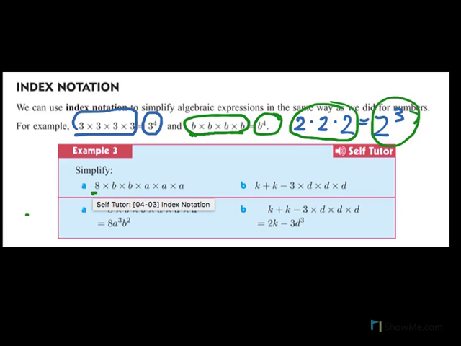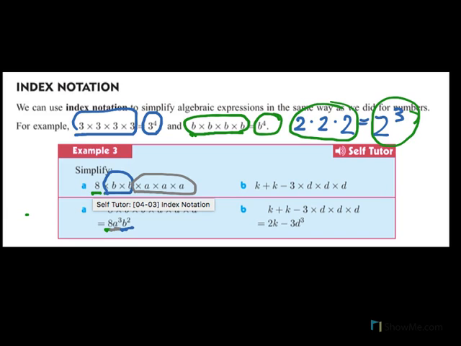We have 8, and then we have a's and b's. So all together, we have an 8. We have 3 a's, so a to the power of 3, and we have b to the power of 2.